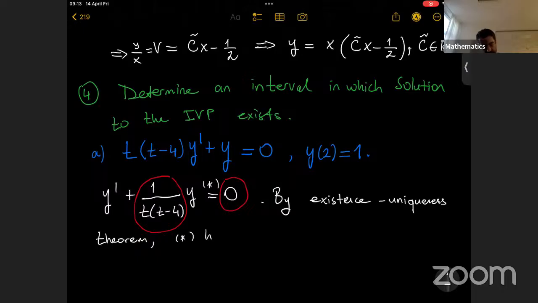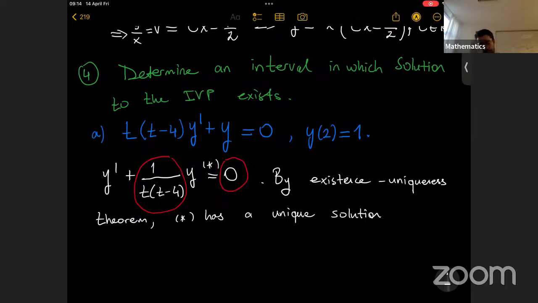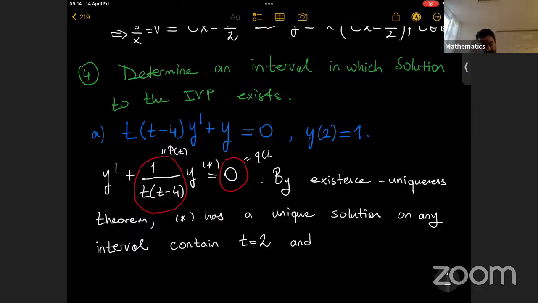Star has a unique solution on any interval containing t is equal to 2, because this is the initial value, and this function, let's call it p here, and let's call it q here, okay?